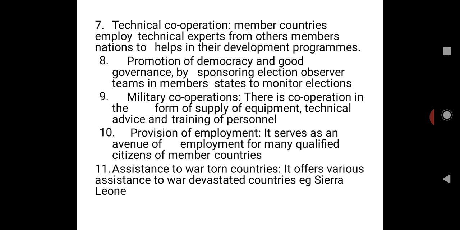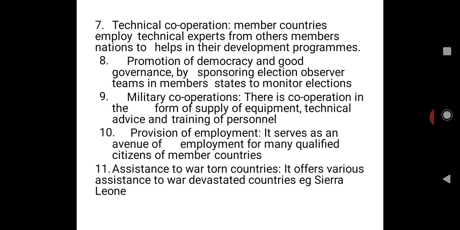There is cooperation in the form of supply of equipment, technical advice, and training of personnel. Yes, Nigeria has benefited also from this particular military cooperation. Commonwealth have trained Nigeria troops. They have also helped in giving them equipment and giving out technical advice.